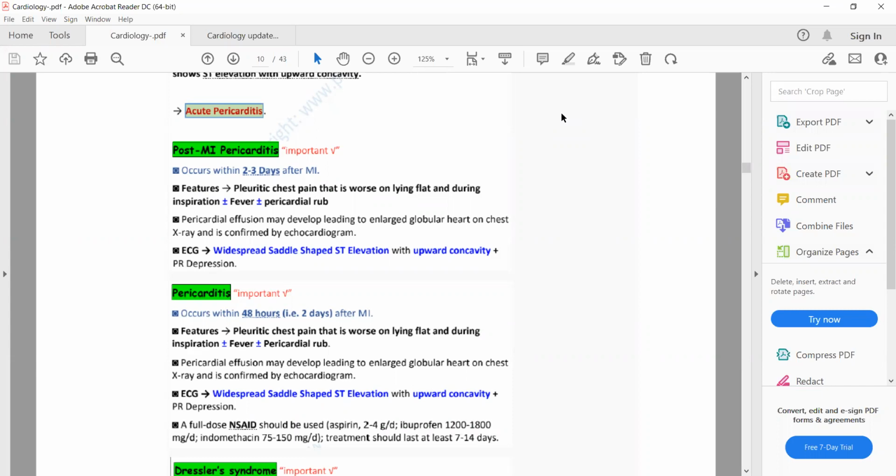As pericarditis is an inflammatory condition, the management of pericarditis is a full dose of NSAID for 1 to 2 weeks. What is a full dose of NSAID for the management of pericarditis? The dose of aspirin should be 2 to 4 gram per day, ibuprofen 1800 milligram per day, indomethacin 75 to 150 milligram per day.